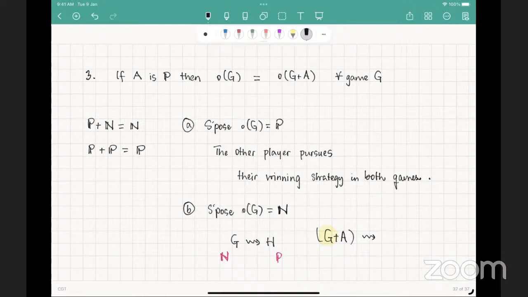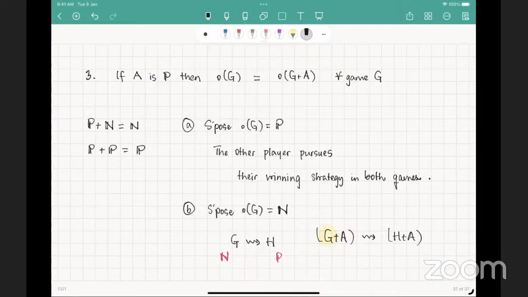But anyway, coming back to the proof, the first player picks G and makes the move that transforms G to H. So this is the new game. And in the new game, notice that both the component games are P. H is P by choice, and A is P by assumption.